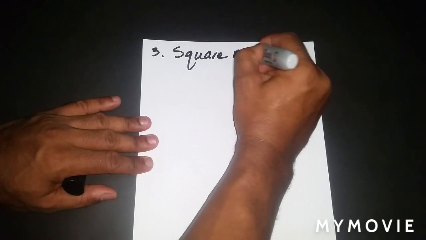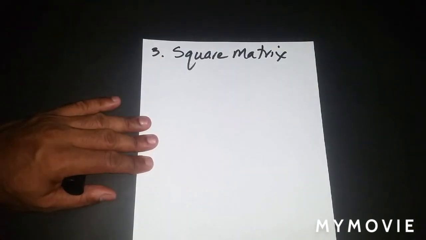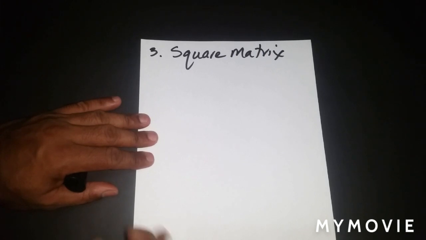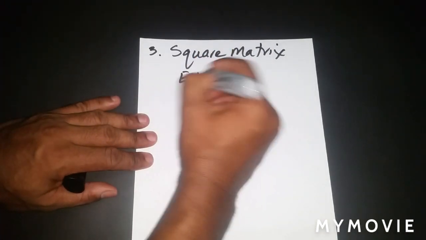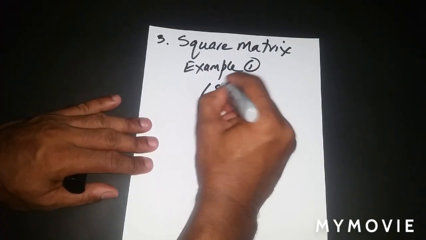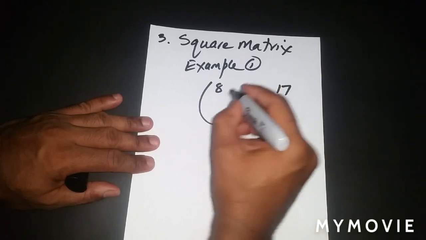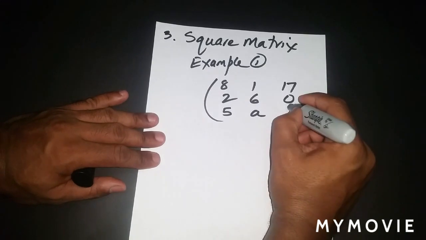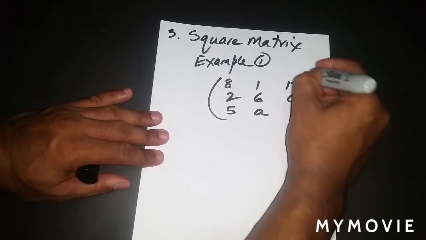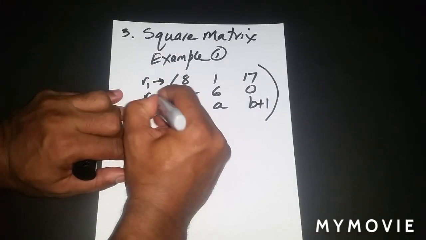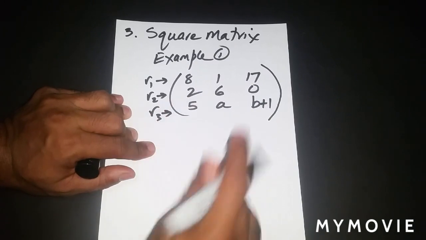Let's look at a square matrix. Now, in order for a matrix to be a square matrix, the number of rows it has must equal the number of columns it has. So, for example, if we have this, now notice we have one row, 2 rows, 3 rows.